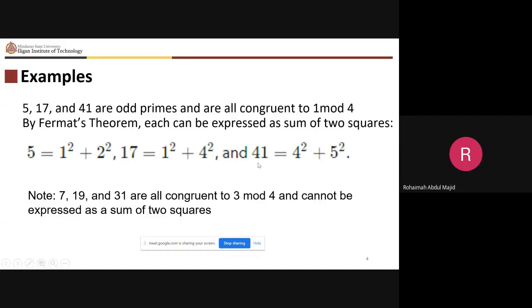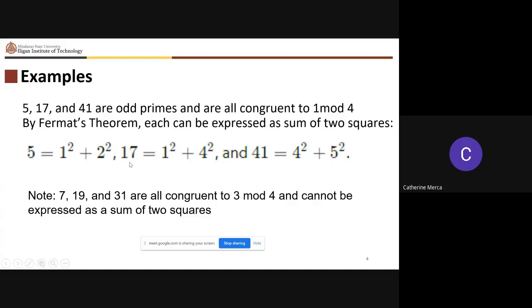Ma'am, can you go back to 41? How is 41 expressible as a sum of squares? 41 is congruent to 1 modulo 4. 41, when you divide by 4, is 10, remainder 1. Correct? So it can be expressed as a sum of 2 squares.